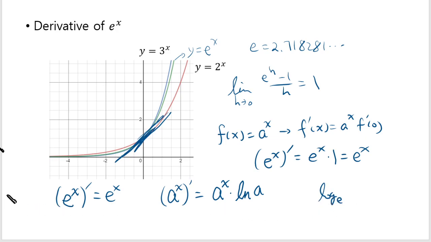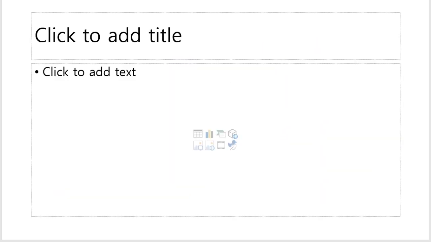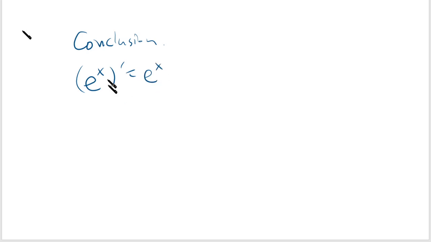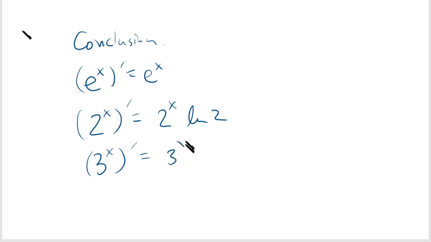So the conclusion is that if you have e to the x prime, that's just e to the x. If you have 2 to the x prime, that's just 2 to the x ln of 2. If you have 3 to the x prime, that would be 3 to the x ln of whatever this number is. So in general, a to the x prime would be a to the x ln of a.